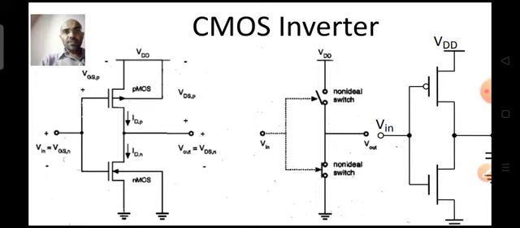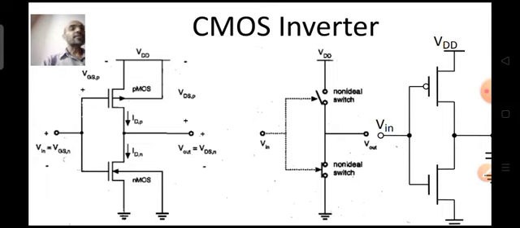It has a PMOS and an NMOS. The PMOS is working as a load, whereas the NMOS works as a driver. Both the gates are connected together, and the body terminal is connected to the maximum negative voltage in the case of NMOS and the maximum positive voltage in the case of PMOS.